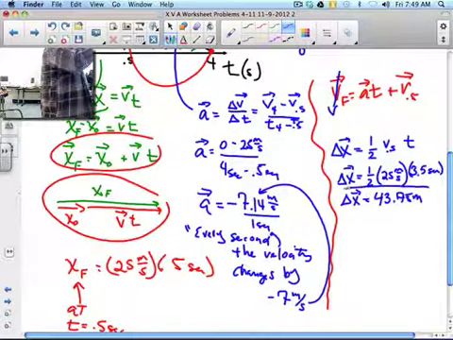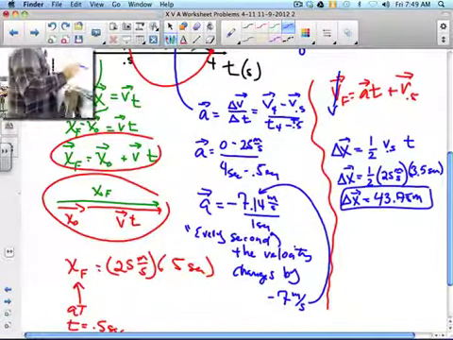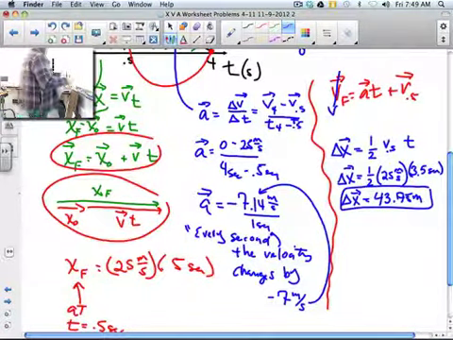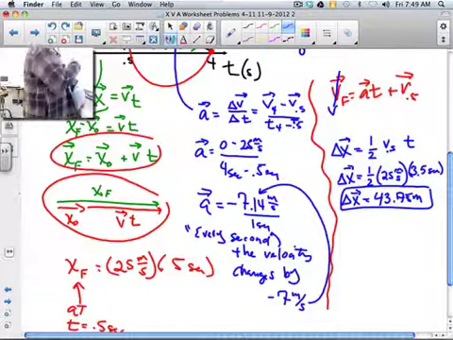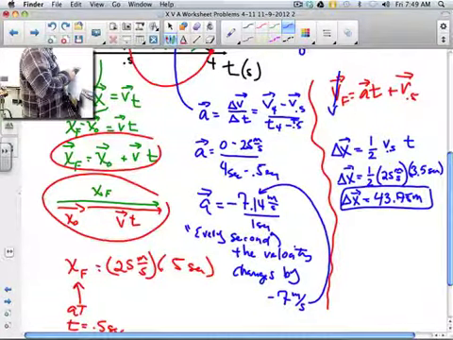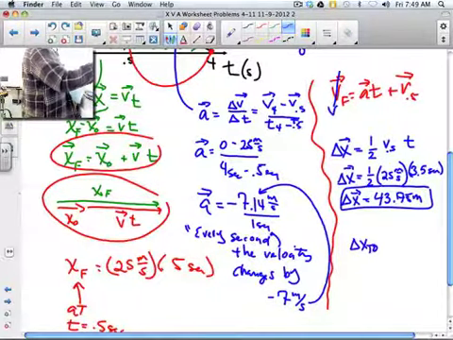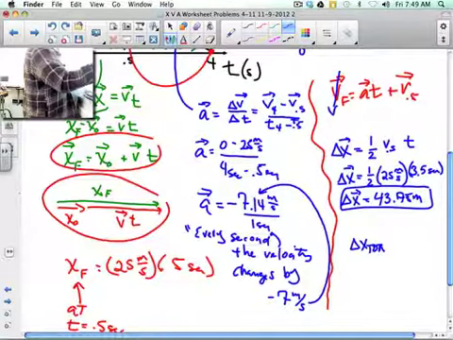Now, if you add this displacement to the displacement we got over here, which was 12.5, you should get the total displacement, which is the same thing we got before.